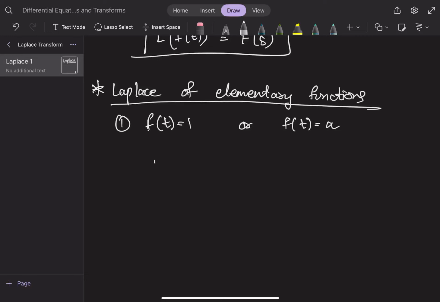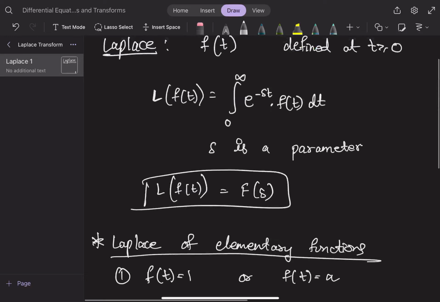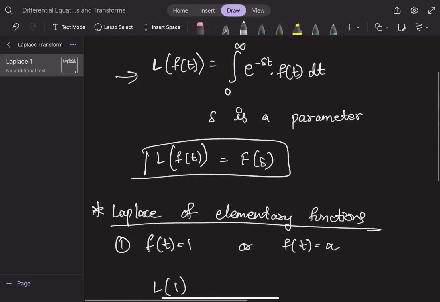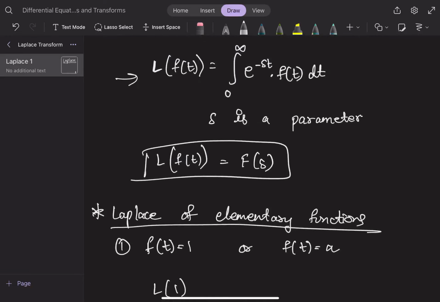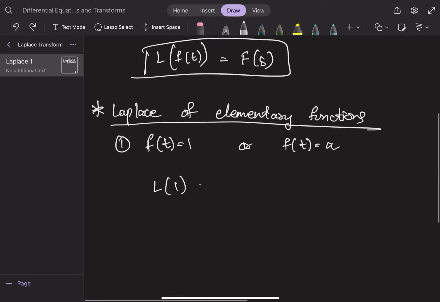So let's put this into the formula. For now you do not need to remember this formula. In the end you will, but for right now just remember what the Laplace of 1 is, what the Laplace of a constant is. You do not need to remember this working, but I'll show you how we get this formula.